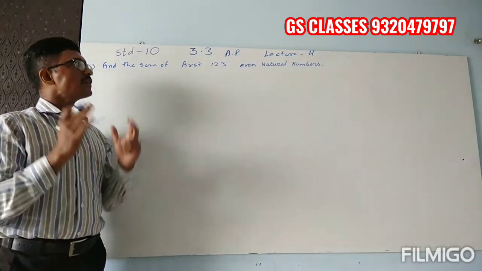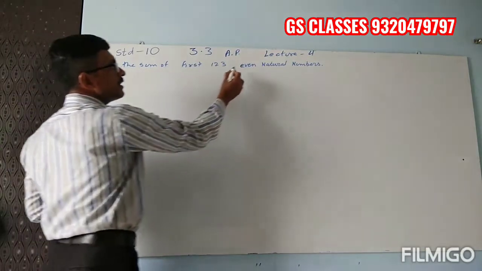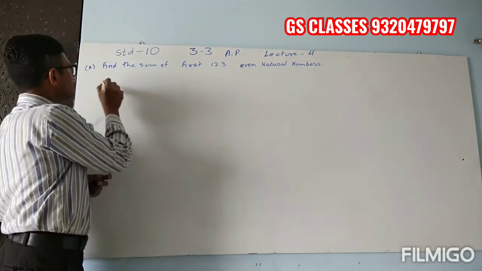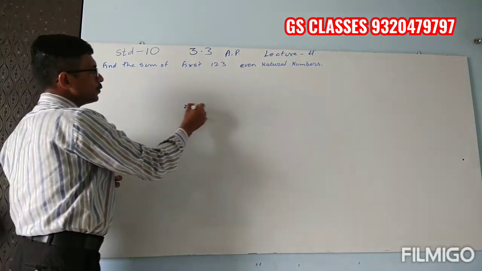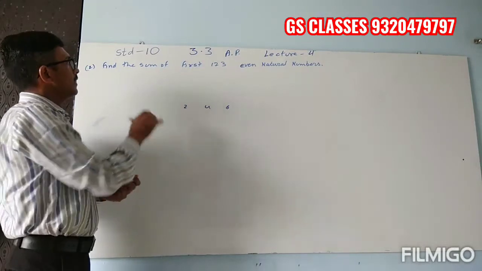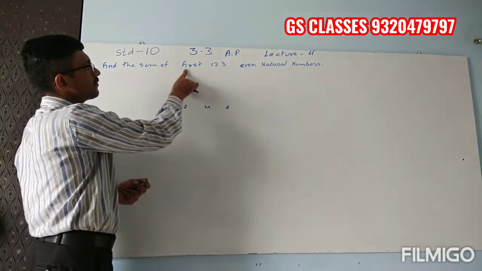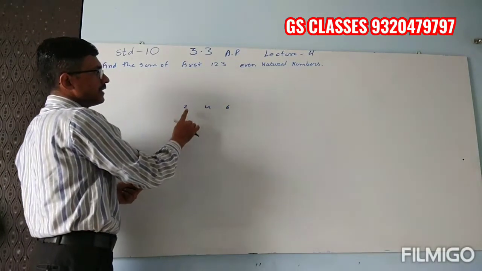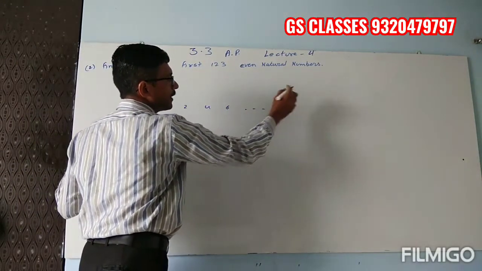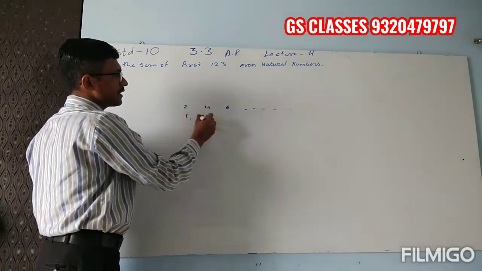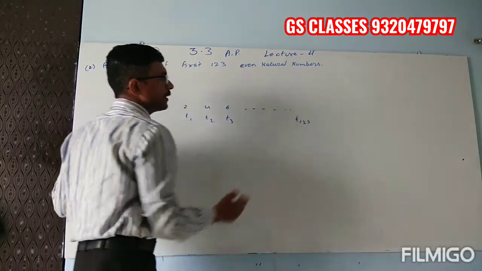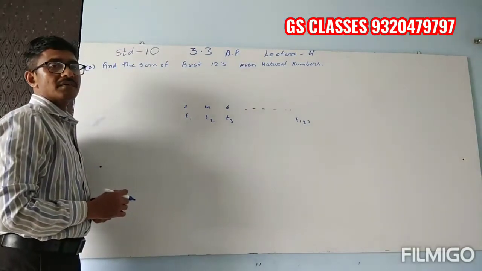So the given sequence is actually the even natural numbers. Even natural numbers are 2, 4, 6 and so on. And find the sum of the first 123. How many terms are there? There are 123 terms. This is first, this is second, this is third. Like that, there are 123 terms.